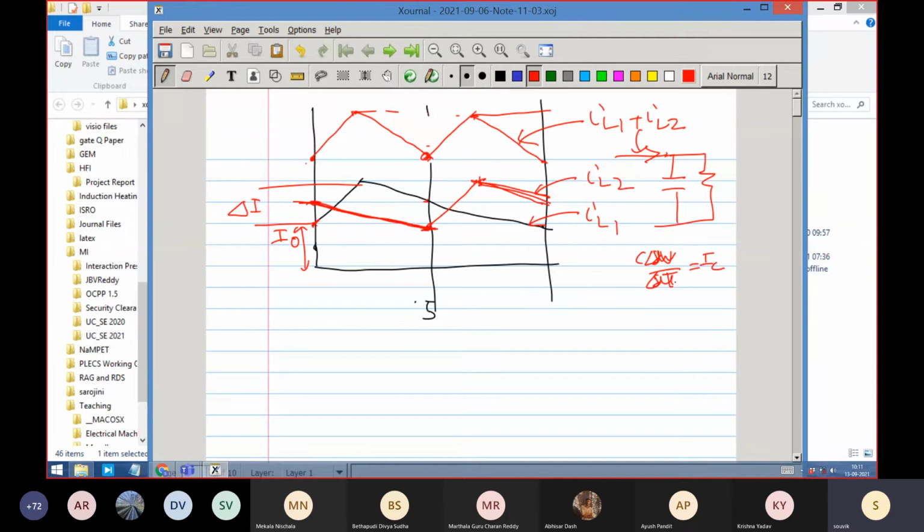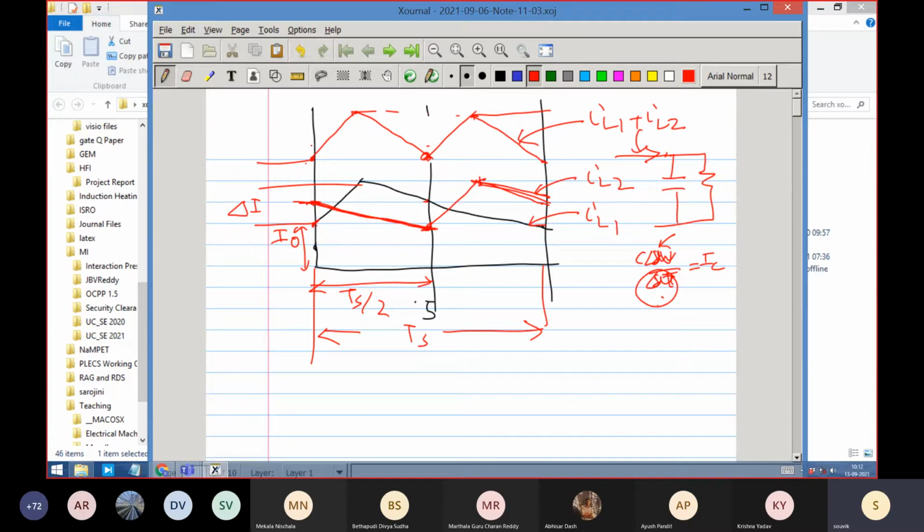So if delta T is less, then delta V also becomes less because delta V is delta T into I by C. And delta T is less because now the frequency has increased. Earlier the time period was Ts. Now for IL1 plus IL2, the time period is Ts by 2.